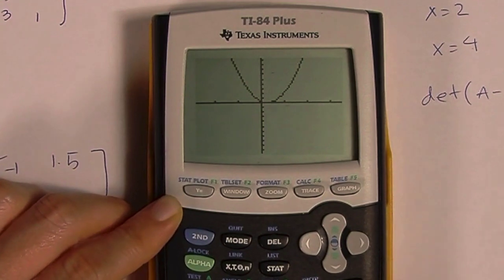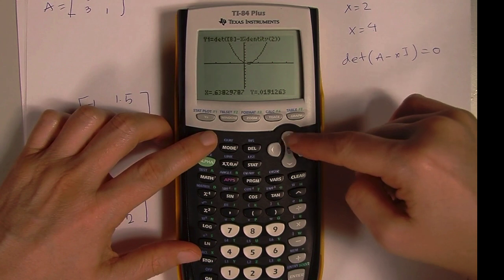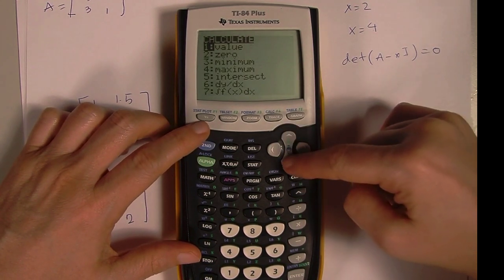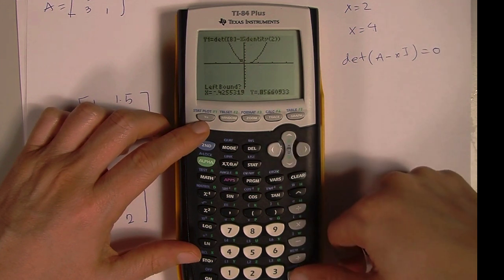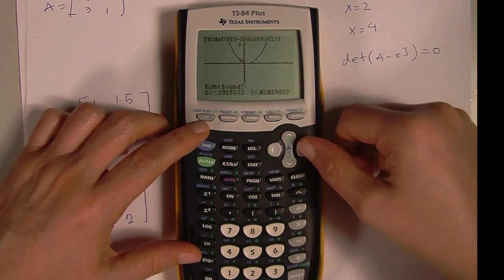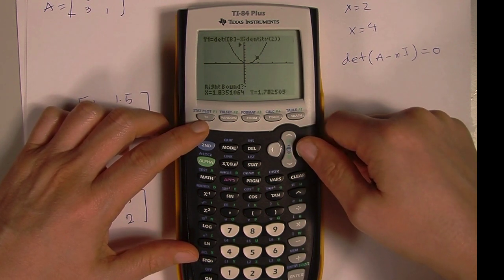This time around, it seems that 0 is about there. So I go 0, left bound, clear out that area, right bound, clear out this area.